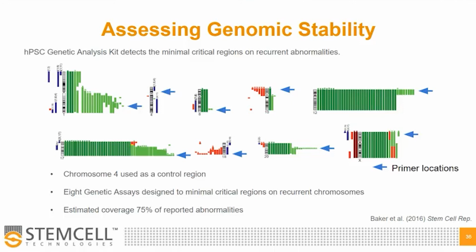The kit was designed based on work carried out by Peter Andrews and Ivana Barbarich's team in Sheffield, of which Adam Hurst is an author. A region on chromosome 4 is used as a negative control region as it is highly conserved. The kit will probe approximately 75% of reported abnormalities in hPSCs.